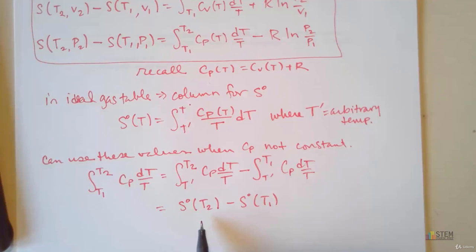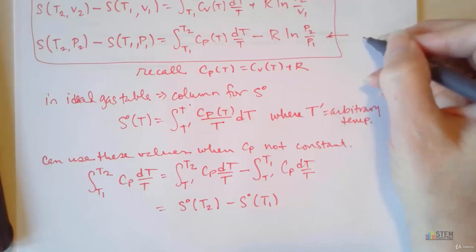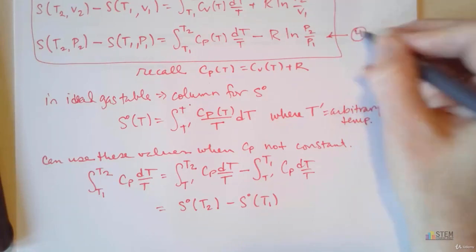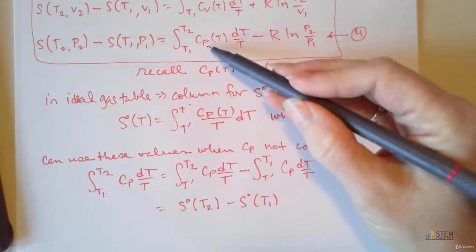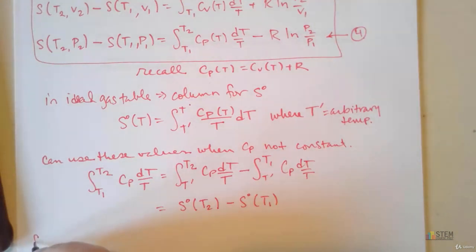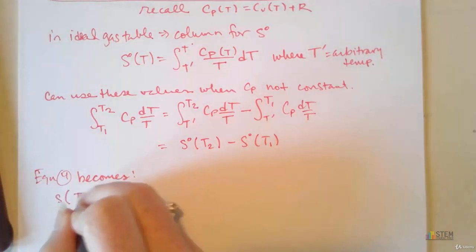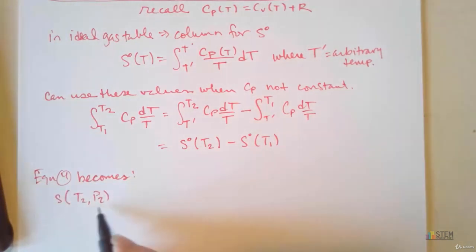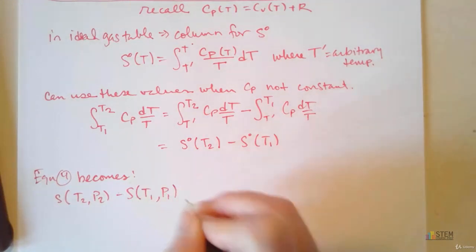Now, if we keep that in mind, then if we look at equation 2, actually let's call it something else. Let's call it equation 4. So if we look at equation 4 here, this is the one with Cp in it. All right, so if we go to that one, equation 4 then becomes the entropy at state 2, which is going to be a function of temperature and pressure, minus the entropy at state 1.